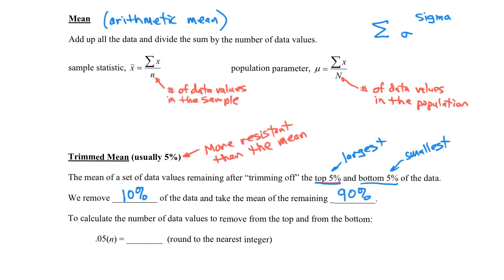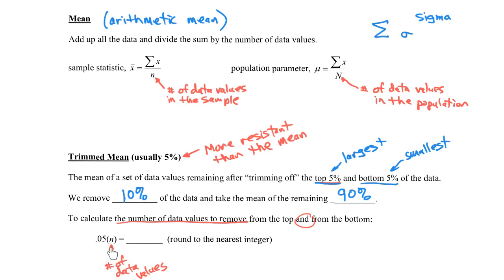So to calculate the number of data values to remove, we always have to ask, how many do we remove from the top and from the bottom? So little n here would be the number of data values. And you just go through this little calculation here. So I'll do an easy one. Let's say we had 100 pieces of data and we want to find the 5% trimmed mean.